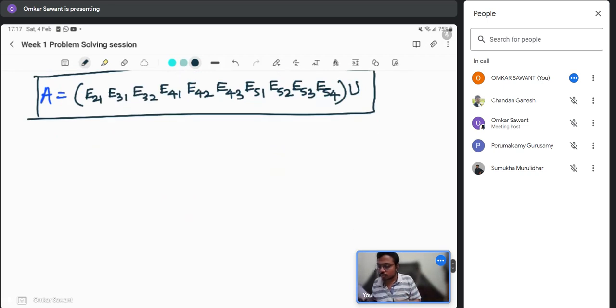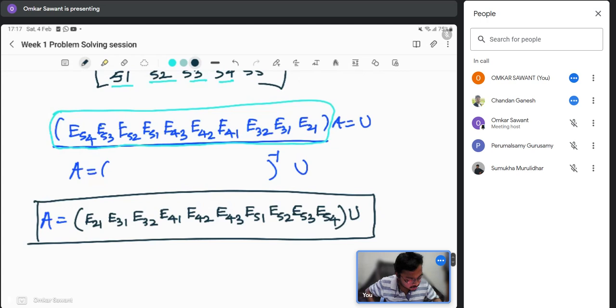Sir, should we write inverse above it, or is writing the matrices in order enough? It depends on the option.